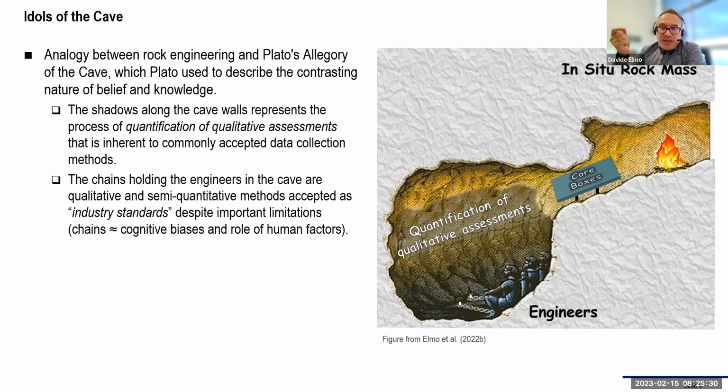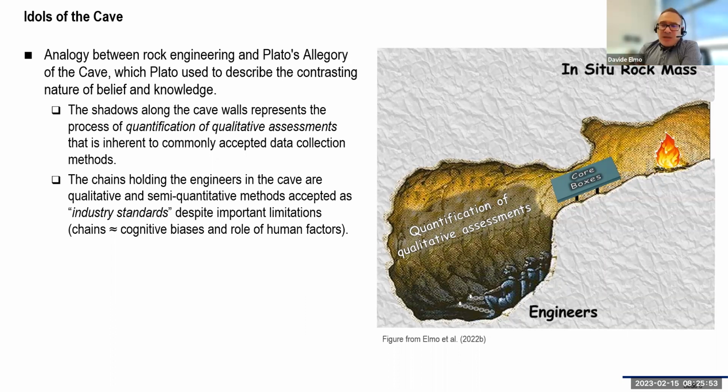Upon returning to the cave, the person tries to explain to the others what they have seen and learned, but the others are unable to understand and dismiss the person's claims as nonsense. The person is then able to see the cave in a new light and is able to appreciate the limitation of the others' understanding. In our interpretation, the shadows on the cave walls represent the process of quantification of qualitative assessment.